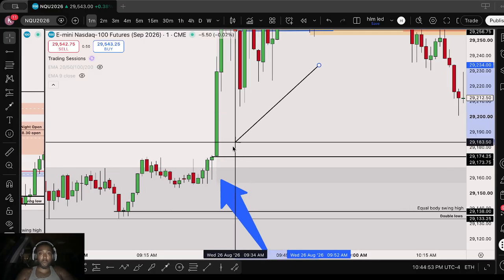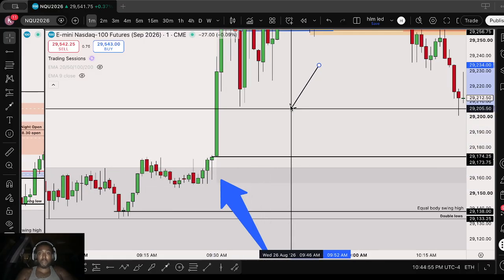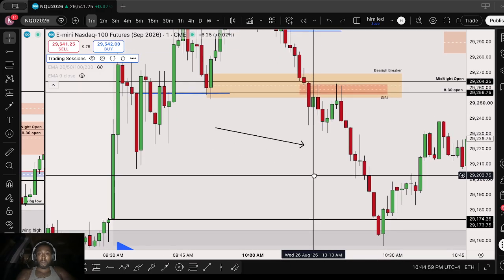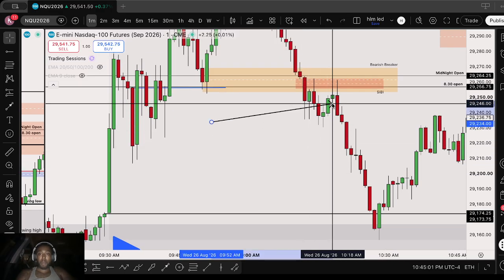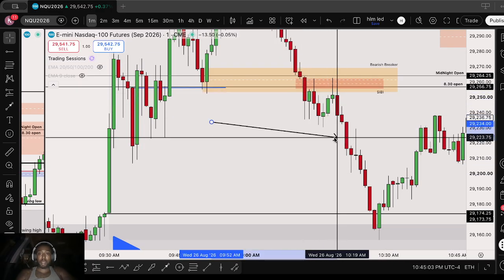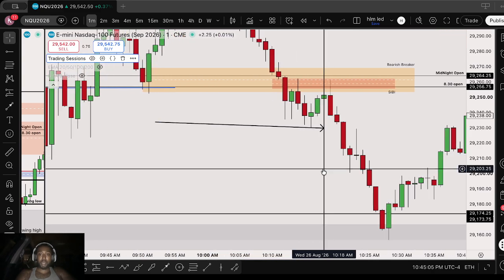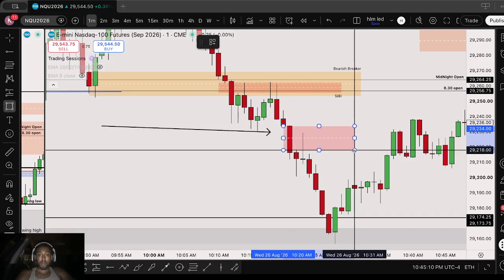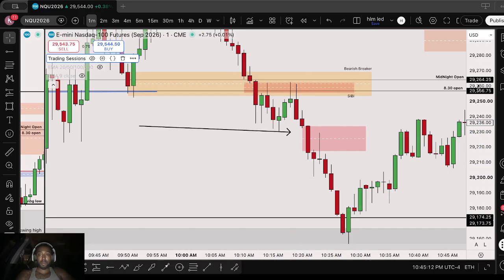So we want to pull back to those zones. Anyways, so I got my short here, rolled it down. I wanted to scale in at this fair value gap right here, but didn't have the balls to do it.